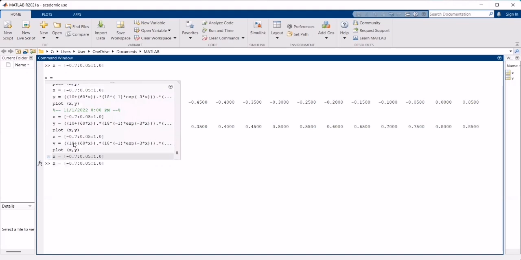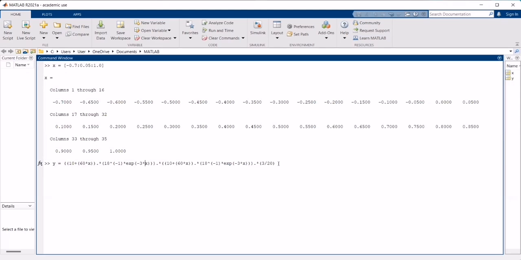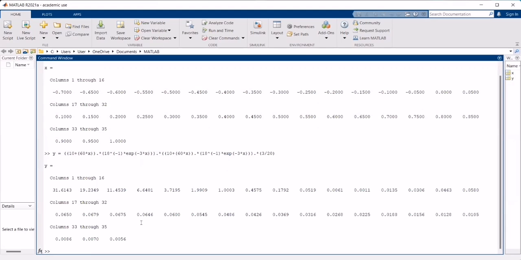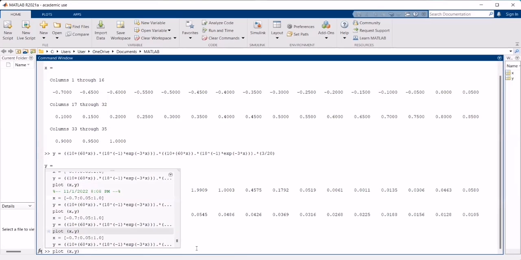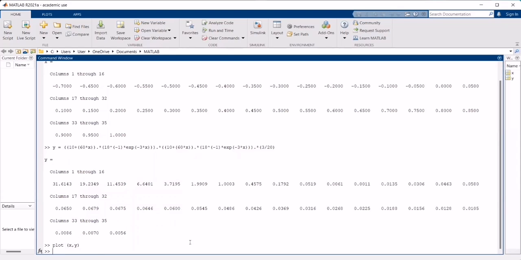Then for the y-axis, the function is 10 plus 60x, where x is time, times 18 to the power of negative 1 exponent negative 3x, times 10 plus 60x times 18 to the power of negative 1 exponent negative 3x, and times 3/20. And instead of enter, we need to plot the energy versus time graph.